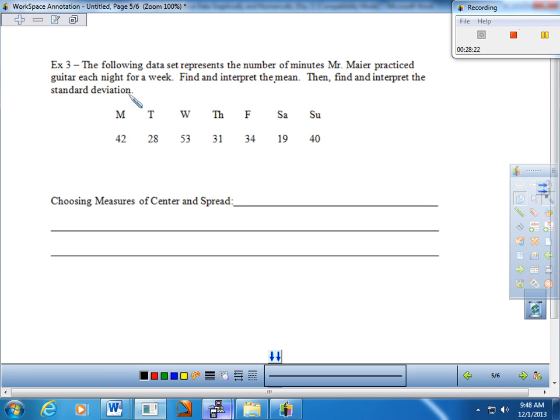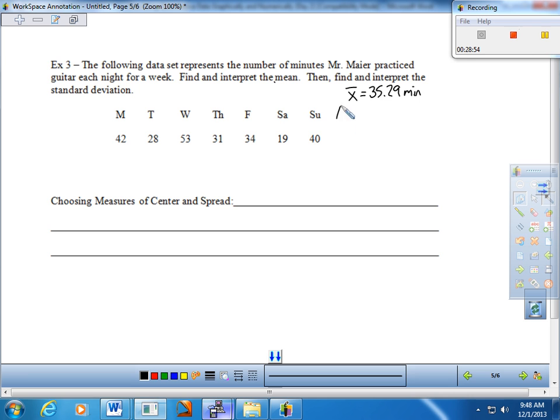All right, well, mean, not too bad. Let's do that pretty fast here. So x bar, again, I know you can pretty much do this in your sleep. Just add them all up and divide by, in this case, 7. So this is the number of minutes I practiced guitar in a week. I kept track. And so on average, it would be about 35.29 minutes.